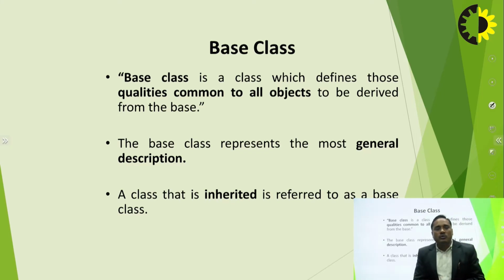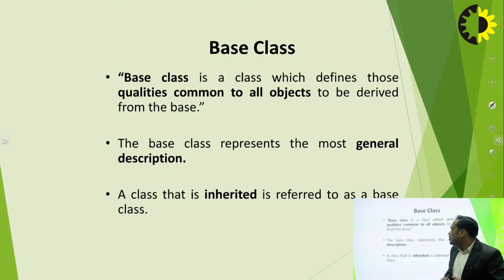If you create more than one derived class or subclass, every subclass must have some features of the base class. That is called inheritance. The base class is the main class, and every derived class has some features of the base class, which shows the inheritance.